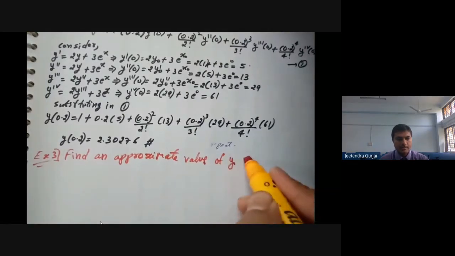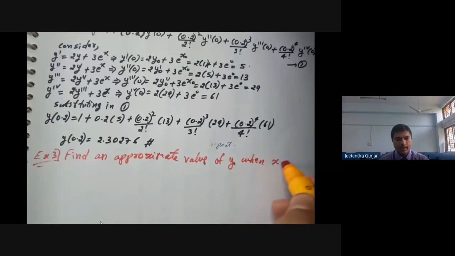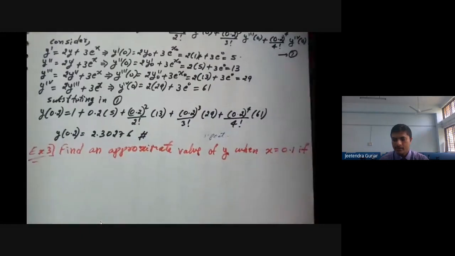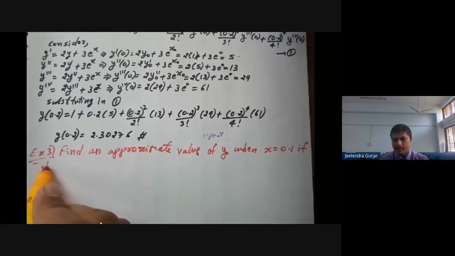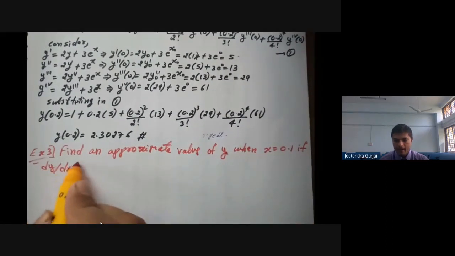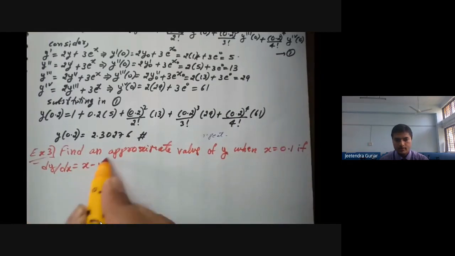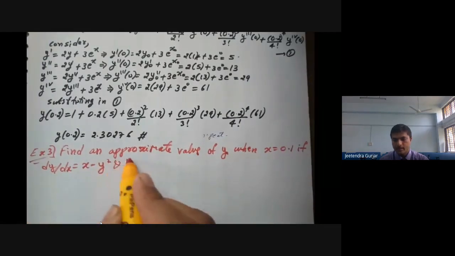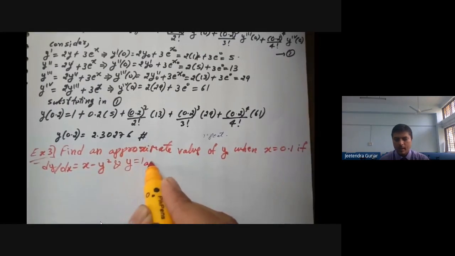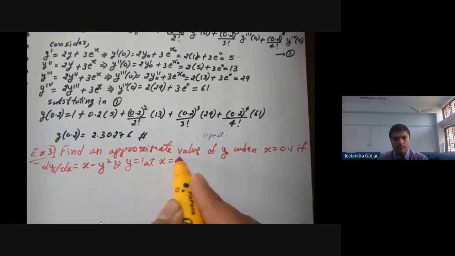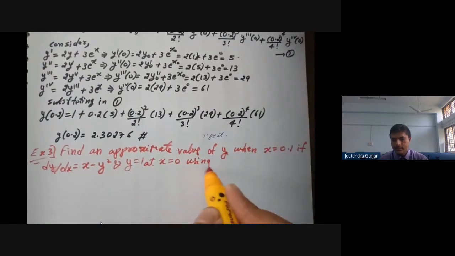So write down the third example. Find an approximate value of y when x is equal to 0.1 if dy by dx is equal to x minus y square and y is equal to 1 at x is equal to 0 using Taylor series.